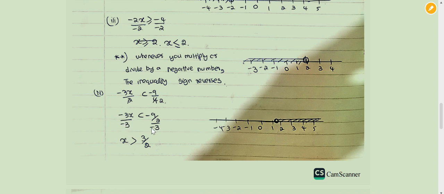When you divide both sides by minus 3, what happens? Your sign reverses. So the answer is x is greater than 3 divided by 2, that means 1.5, right? 3 divided by 2 means 1.5.